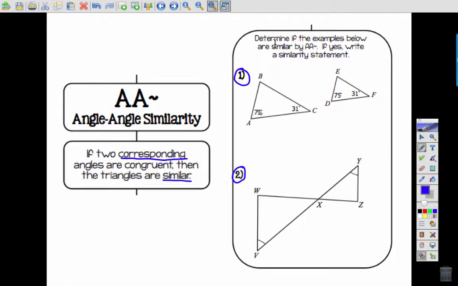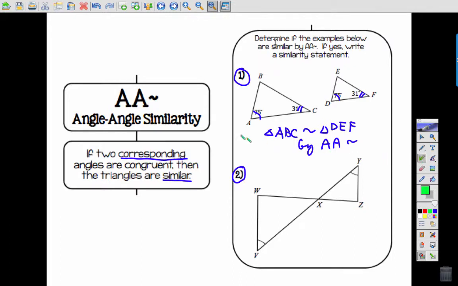In this example, angle A and angle D are congruent at 75 degrees, and angle C and angle F are congruent at 31 degrees. Therefore, I can state that triangle ABC is similar to triangle DEF, and that's by the AA similarity postulate.